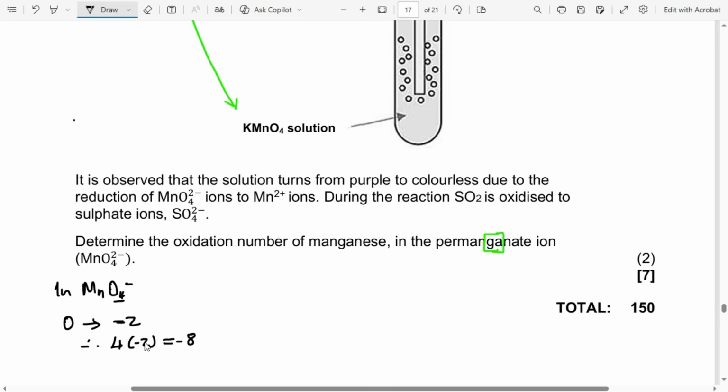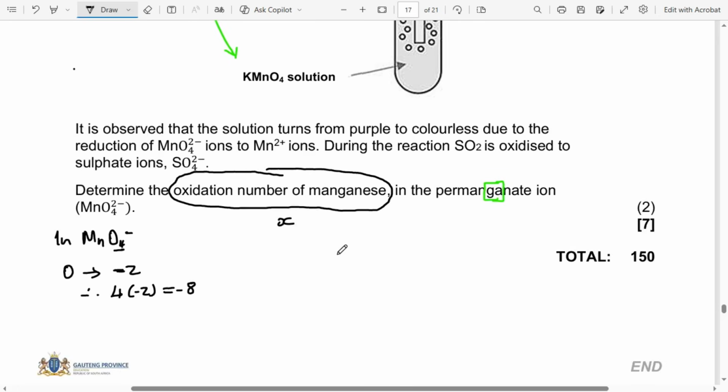So we're going to let the oxidation number of manganese be X. Then we use the overall charge on the ion, which is minus 1, the one on top.